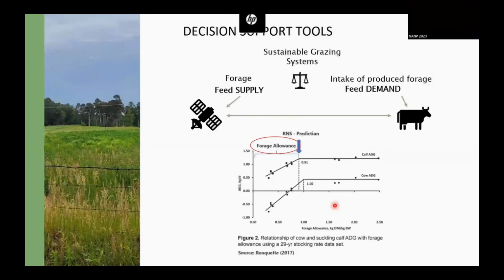That is a metric that measures the amount in kilograms or pounds of forage mass that you have in an area relative to how much forage you have per kilogram or pound of animal in that area. Because the forage allowance has been reported to be related to dry matter intake of those animals and the animal performance.